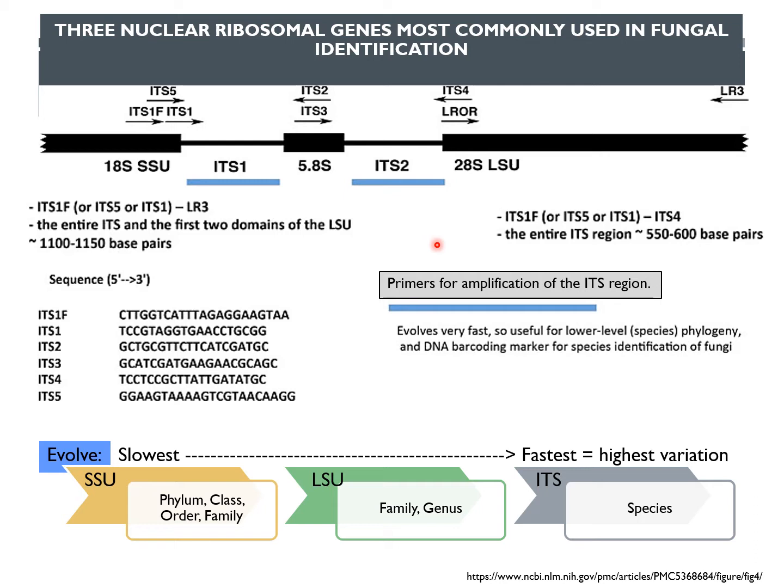And the entire ITS region will generate a PCR product of about 550 to 600 base pairs. The ITS region evolved very fast, so it is very useful for lower level or species phylogeny and as a DNA barcoding marker for species identification of fungi.